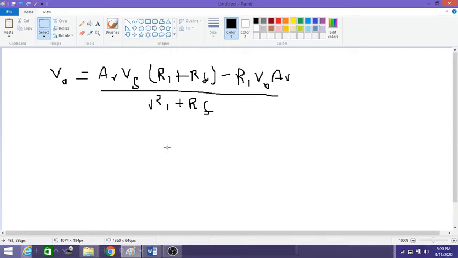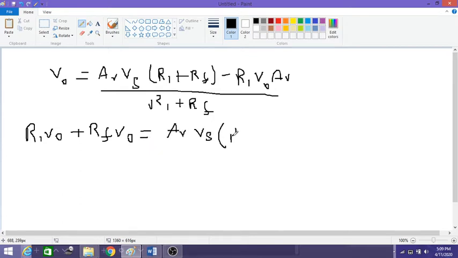Let us cross multiply these terms rather than that. So we will have R1 into V0 plus RF into V0 equals AV into Vs of R1 plus RF, minus R1 into V0 into AV.